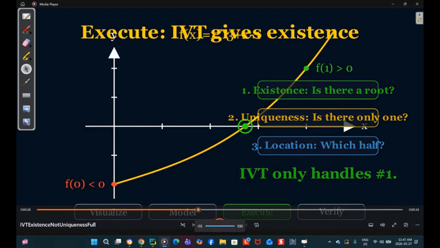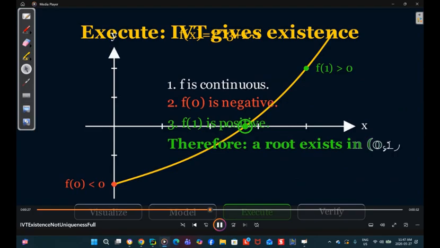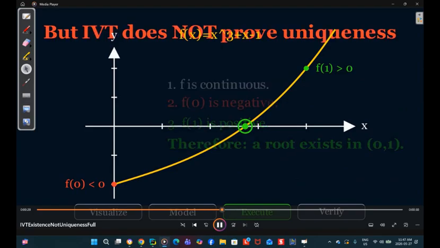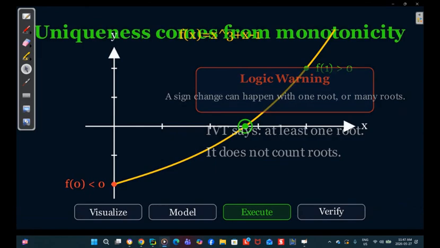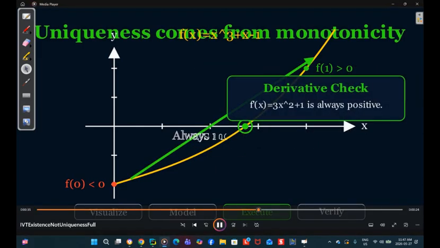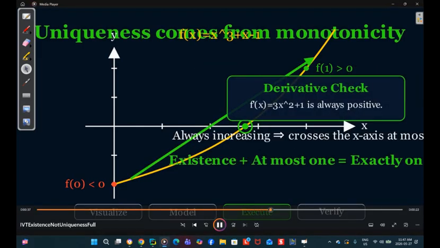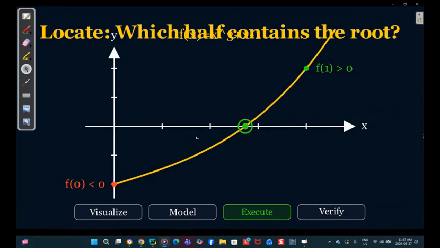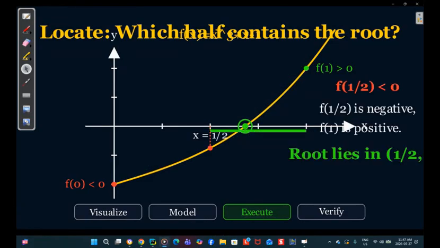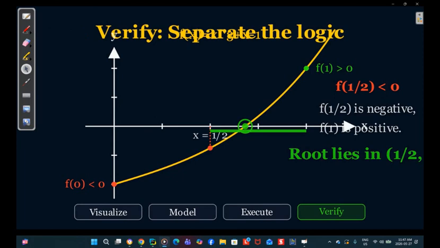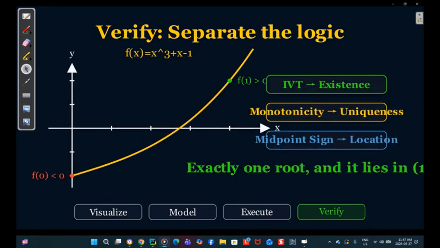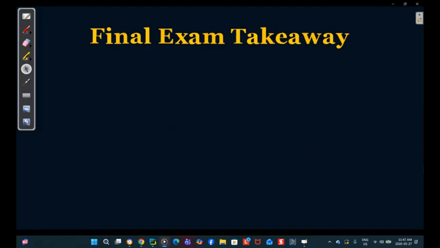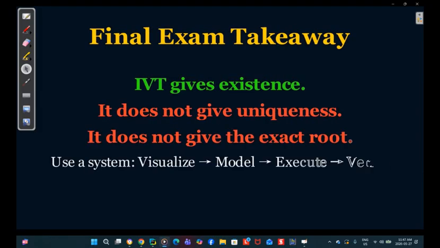Look at those two curves there: one is below, one is above. If the graph is continuous, and it is continuous, what I mean is there's no discontinuity of any sort, no jumps, nothing bizarre. Otherwise, we would not be able to use IVT. We can't use IVT if the function is not continuous.